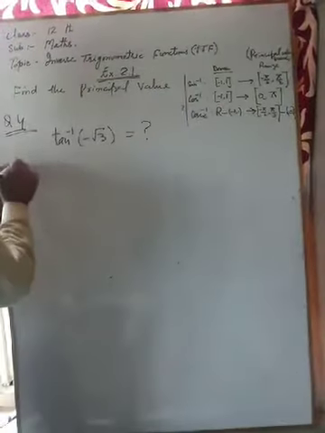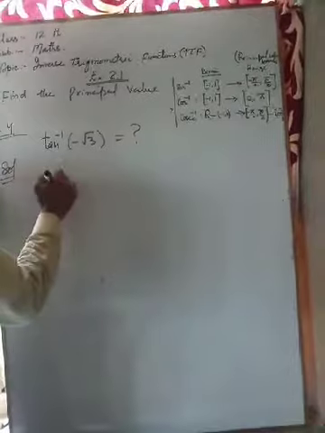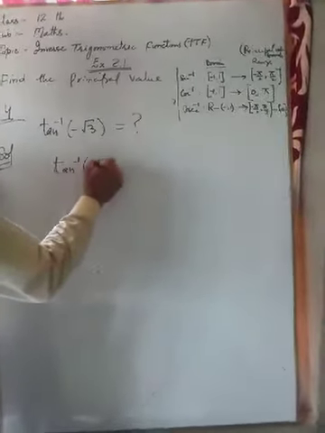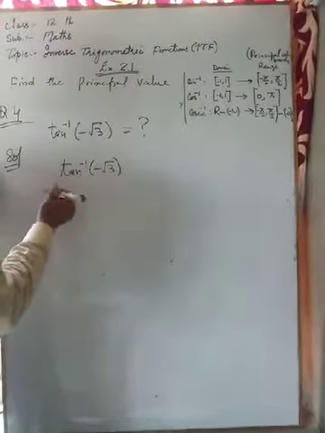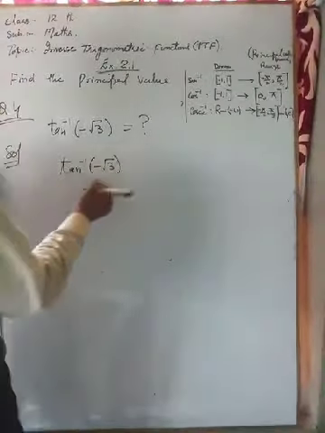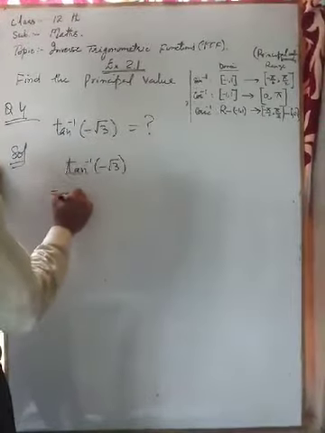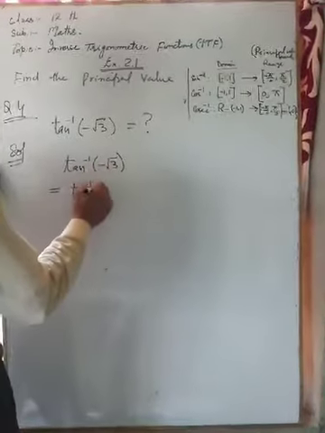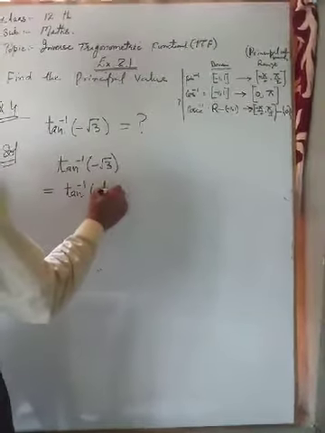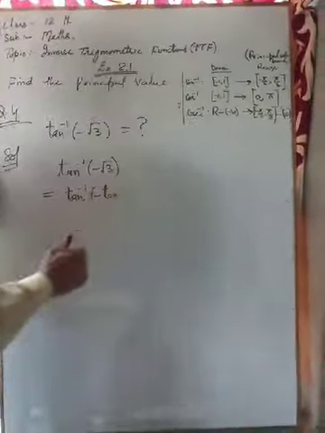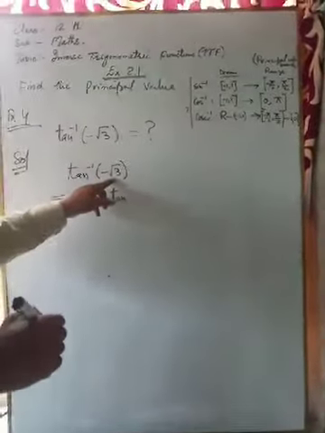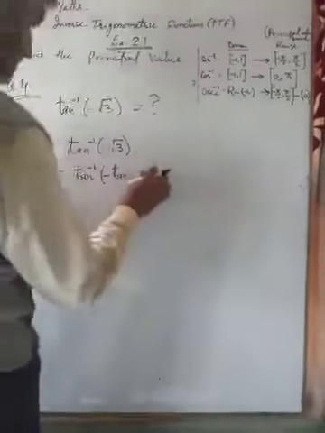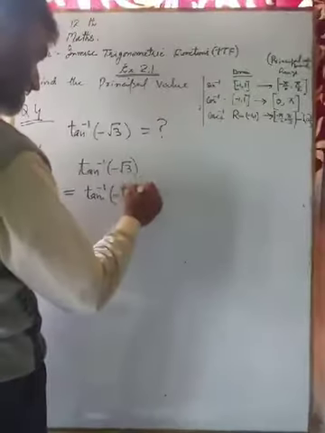So we can take it like tan inverse minus root 3. It can be written as tan inverse minus tan of root 3, or we can write it just like this, tan of pi by 3.